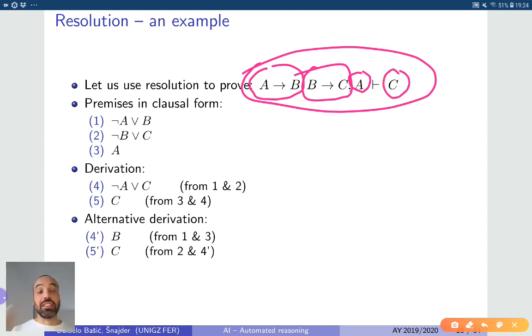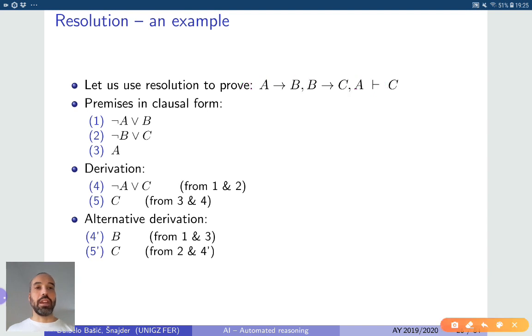I can tell you this is the case since if I were to appeal to the natural deduction rules, A implies B, B implies C implies A implies C, and then by modus ponens, A and A implies C implies C, right? So this should work with resolution as well. Let's see if this is the case.